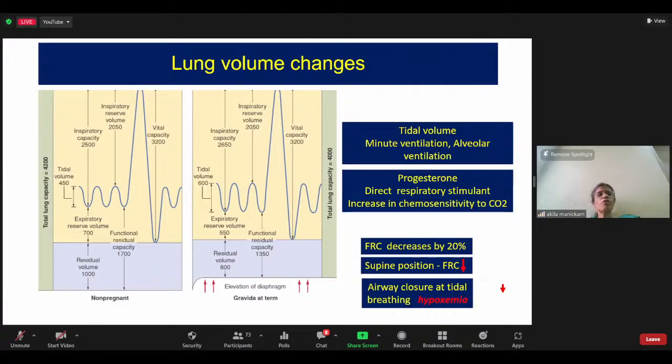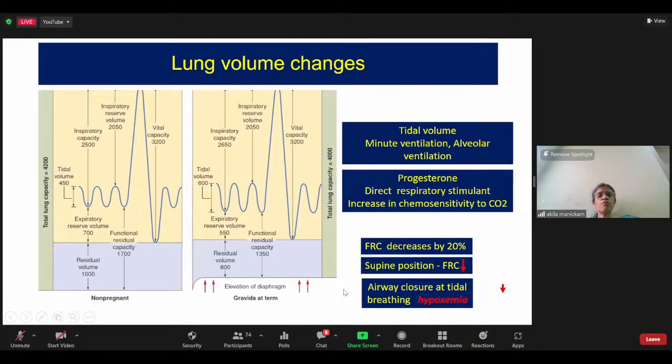But because of the relationship between your functional residual capacity and your closing capacity, there is a stoppage of air exchange when the patient lies down in the supine position, because during tidal breathing there is airway closure. This is predominantly because of the FRC decrease which occurs in the supine position.